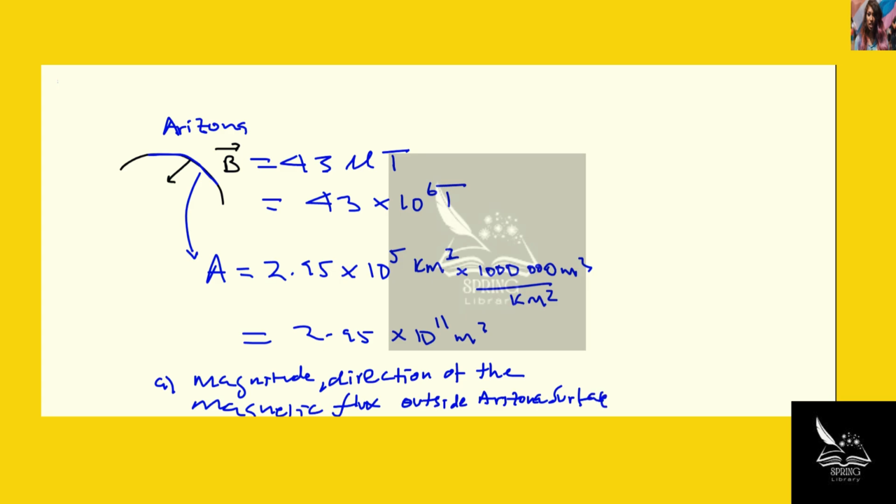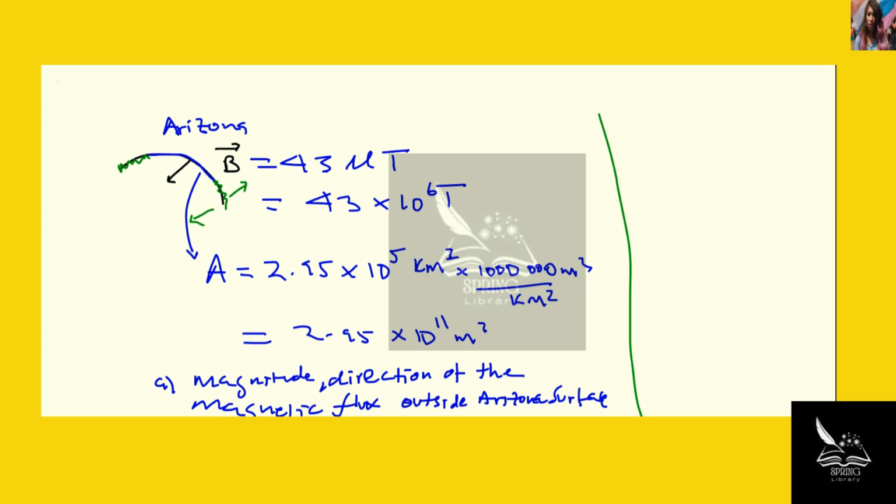So all we're saying is to think about any other surface other than the one in Arizona, so all this stuff and all this stuff. We want to find the magnitude and direction, and by direction we mean is it outward or inward.